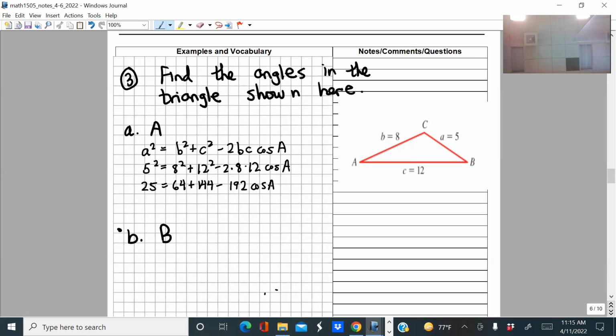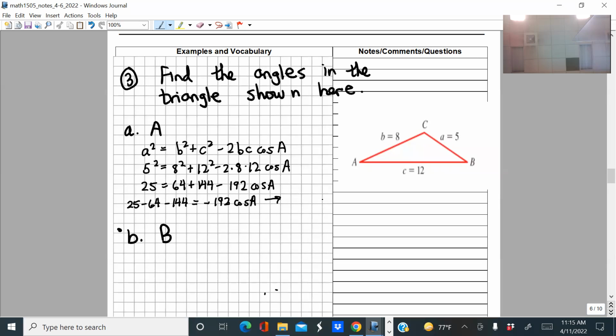So let's move numbers around. Let's move the 64 to the left-hand side and the 144 also to the left-hand side. That leaves us on the right-hand side with minus, be careful, minus 192 times the cosine of A. Now, divide both sides by minus 192. Of course, you can add these numbers together as well, right?